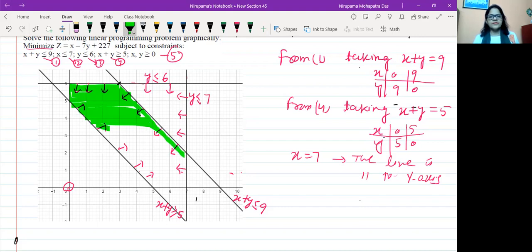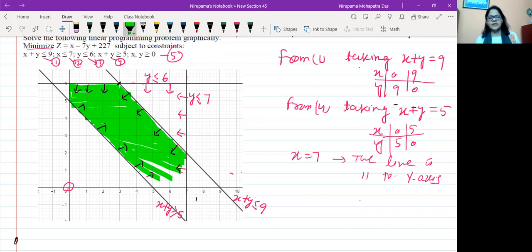Once you set this, you may be thinking why so many inequations, but at the same time the inequations are very simple. Whenever you have x equal to constant, you take the line parallel to y-axis.